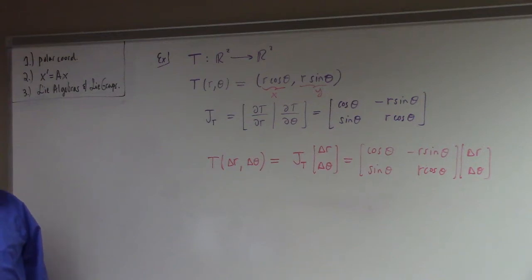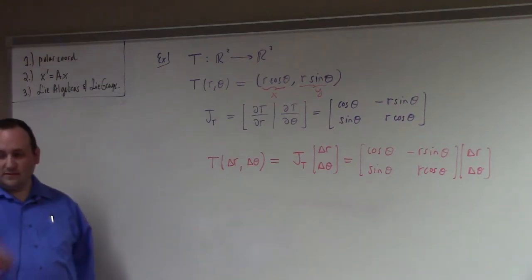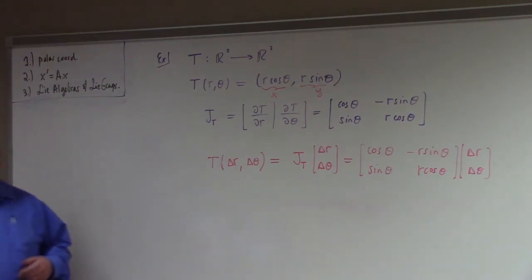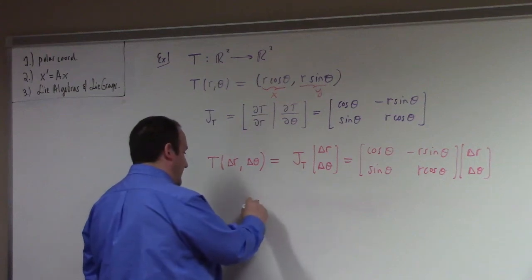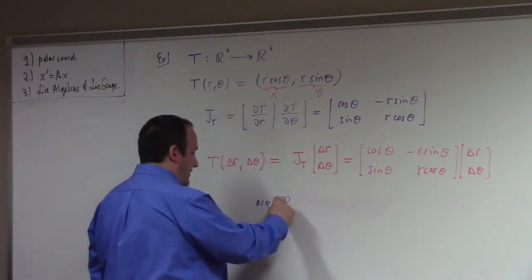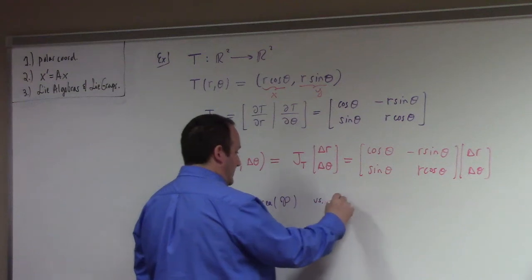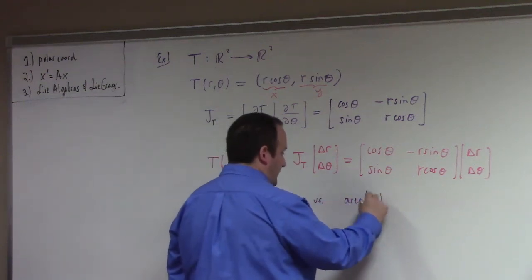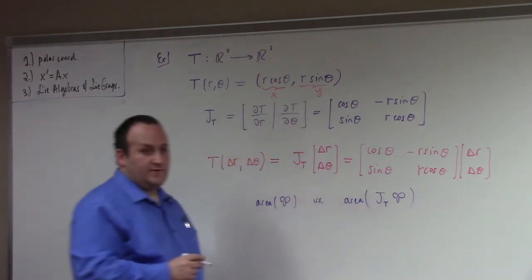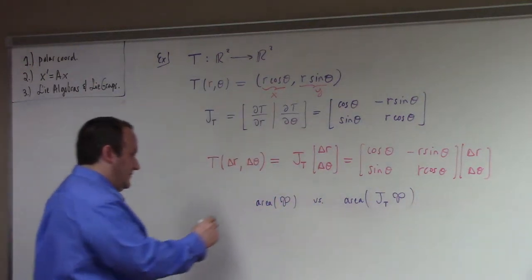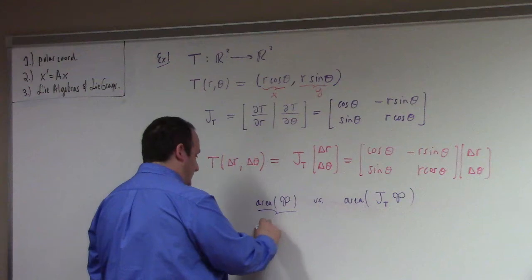Like if we start with a parallelogram P, then we take T of the parallelogram, how is the area of the transformed parallelogram related? If we look at the area of P versus the area of the Jacobian of the transformation times P, if you'll allow me that language, well, this would just be the determinant.